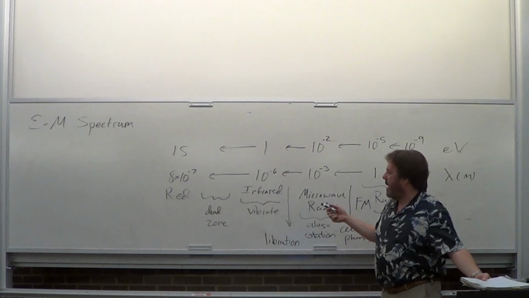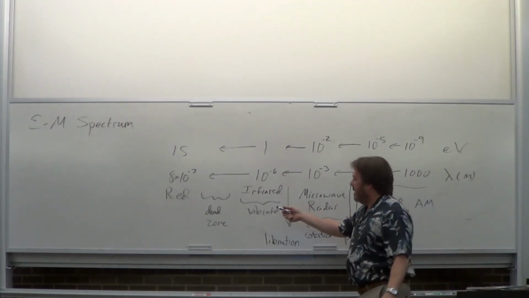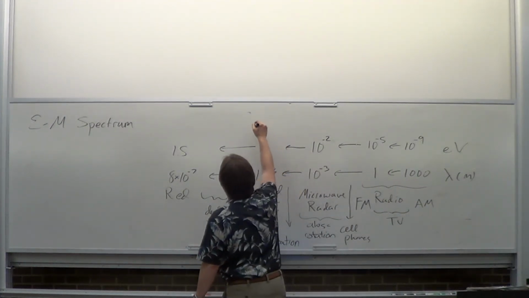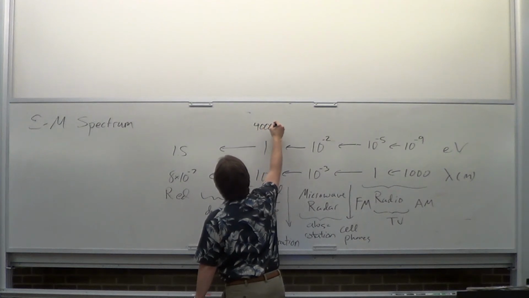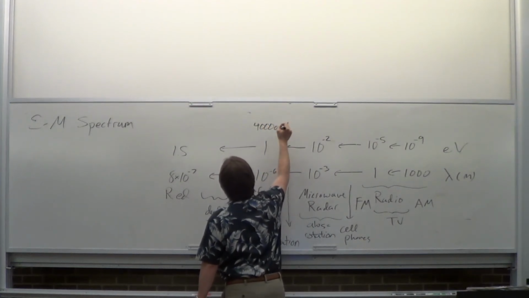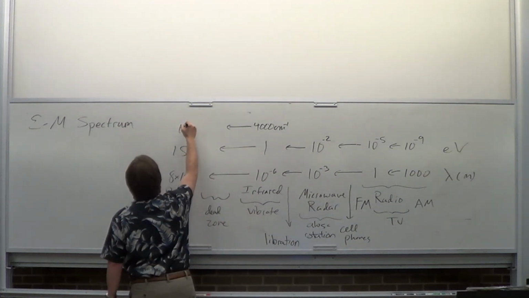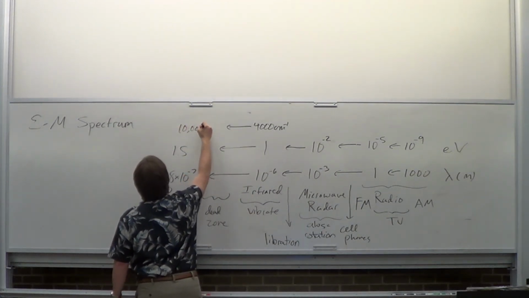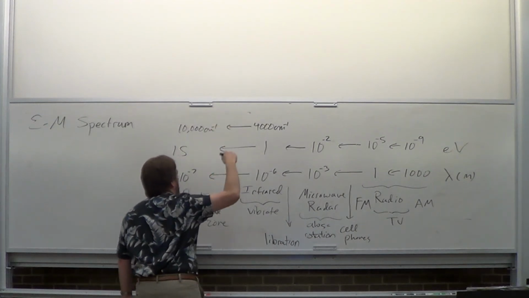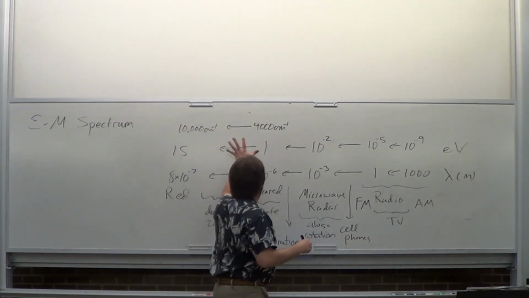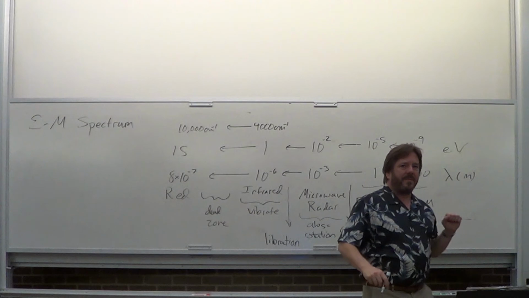So from about, let me work in wave numbers, from about 4,000 wave numbers, that's the infrared. The visible kicks in around 10,000 wave numbers. Sorry, that's just what I know off the top of my head. In between you have nothing. That's the dead zone.